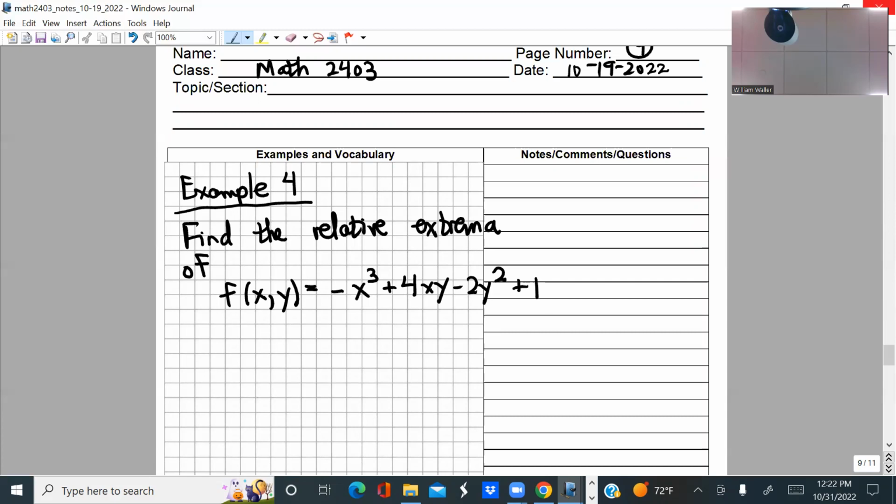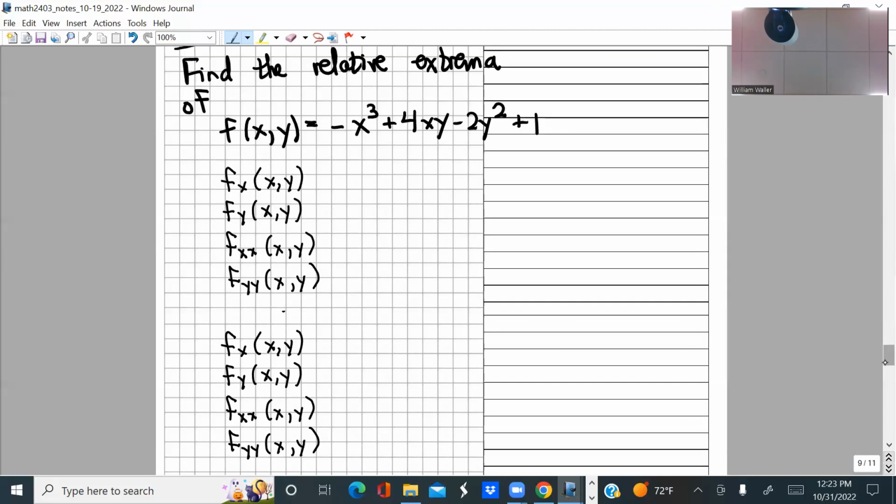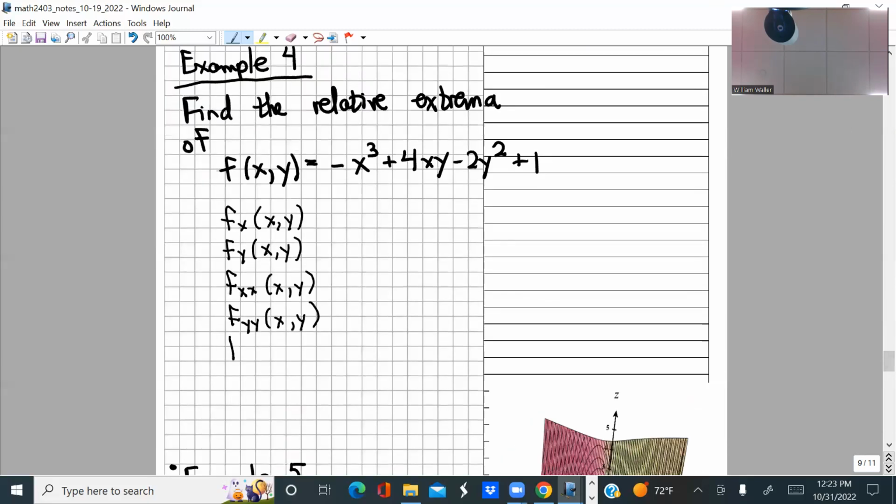That should be an easy problem. So you see what I'm asking you for. So f sub x of xy. You've got to go through the whole catalog here. F sub y of xy. F sub xx. F sub yy. And then also f xy.